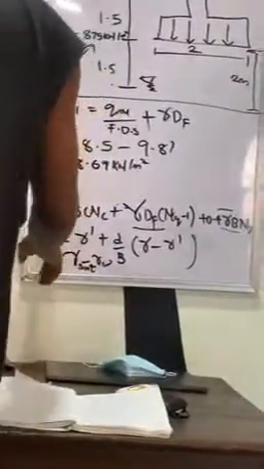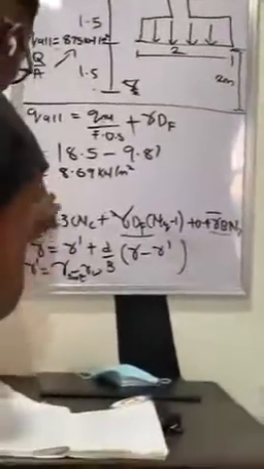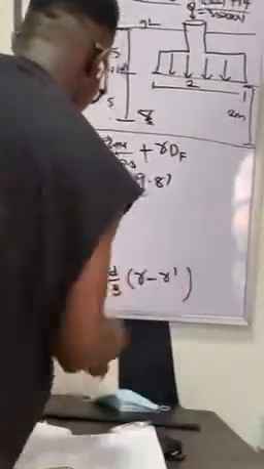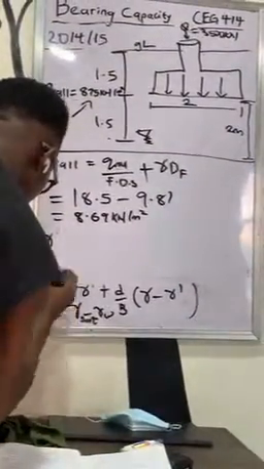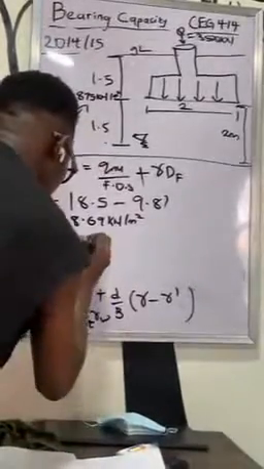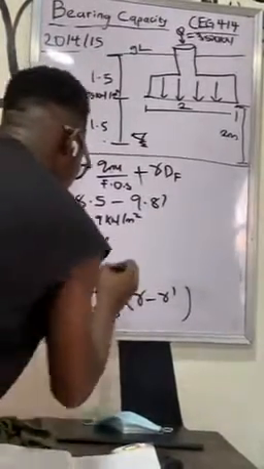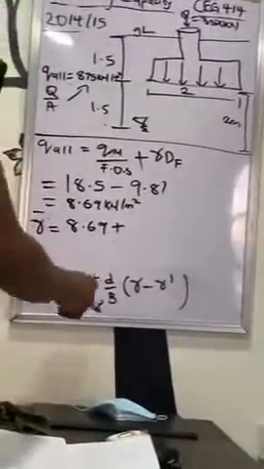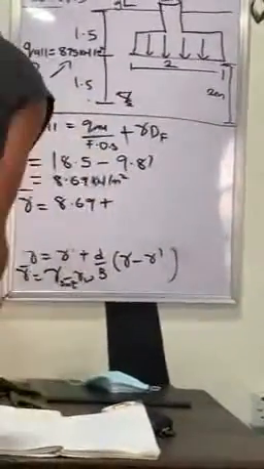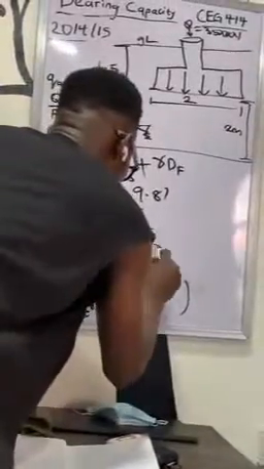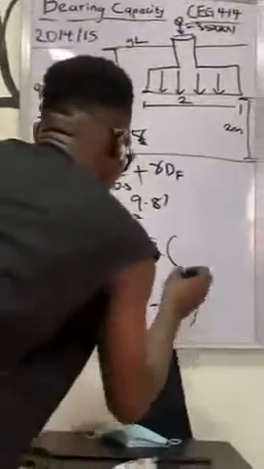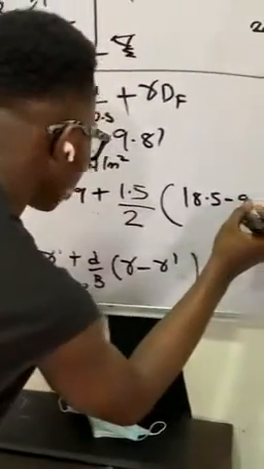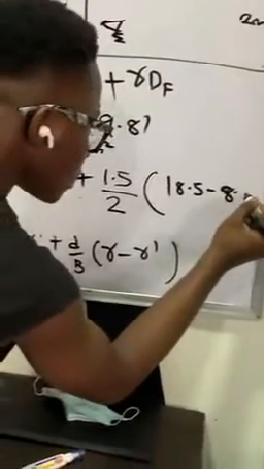So to get our final gamma bar, I'll have my gamma bar equal to gamma prime, which is 8.69, plus D over B. Our depth is 1.5, that's our depth of water table. Our base is 2, that is below 2, and gamma minus gamma prime, which will just be 18.5 minus 8.69.